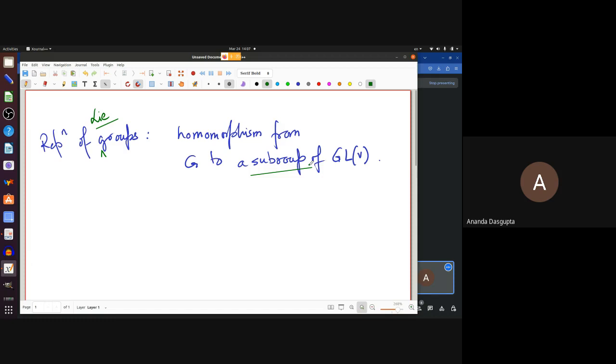So basically, what happens under a representation is the abstract elements which make up a group get a more concrete version, basically linear transformations acting on a vector space.